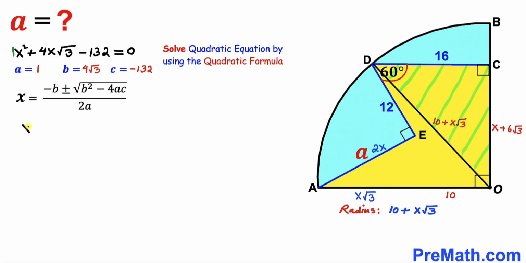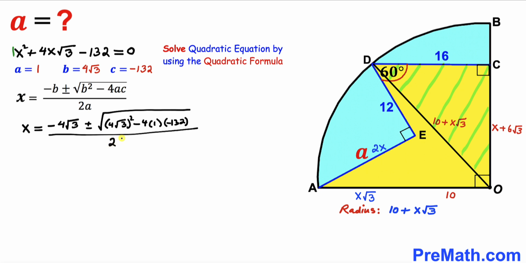So x is going to be equal to minus b, that's going to give us negative 4 times square root of 3 plus or minus the square root of 4 times square root of 3 whole squared minus 4 times a, which is 1, and c, which is negative 132, all over 2 times a, which is 1.